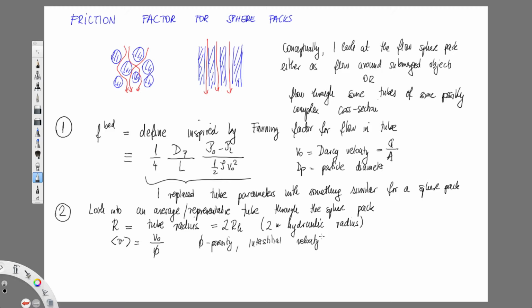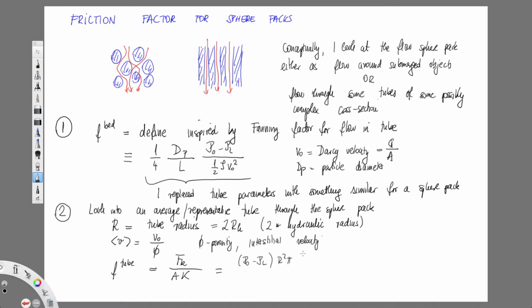Okay. So for one tube, the friction factor for this average or representative tube is, by definition, Fk divided by Ak, where Fk is my kinetic force, and we said that in a tube this dynamic part of the drag force on the walls is balanced by pressure. So it's the pressure difference times the area it's acting on, right?